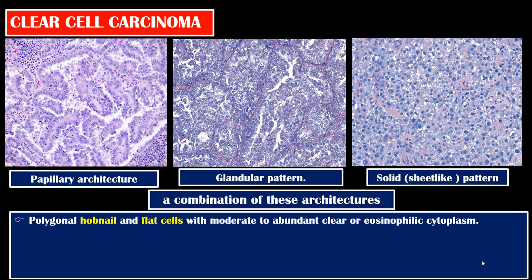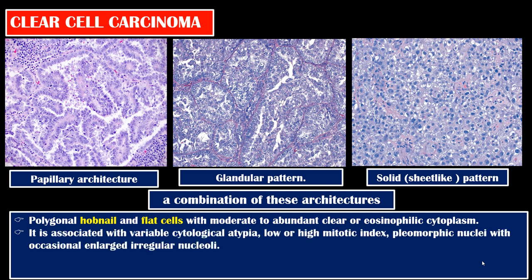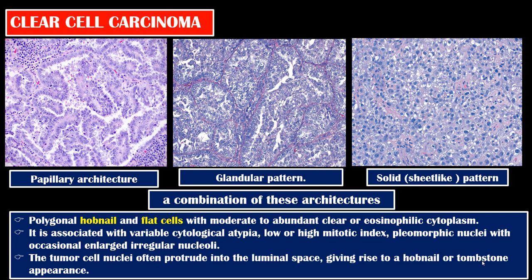Polygonal, hobnail and flat cells with moderate to abundant clear or eosinophilic cytoplasm. It is associated with variable cytological atypia, low or high-grade mitotic index, pleomorphic nuclei with occasional large irregular nucleoli. The tumor cells' nuclei often protrude into the luminal space, giving rise to a hobnail or tombstone appearance.